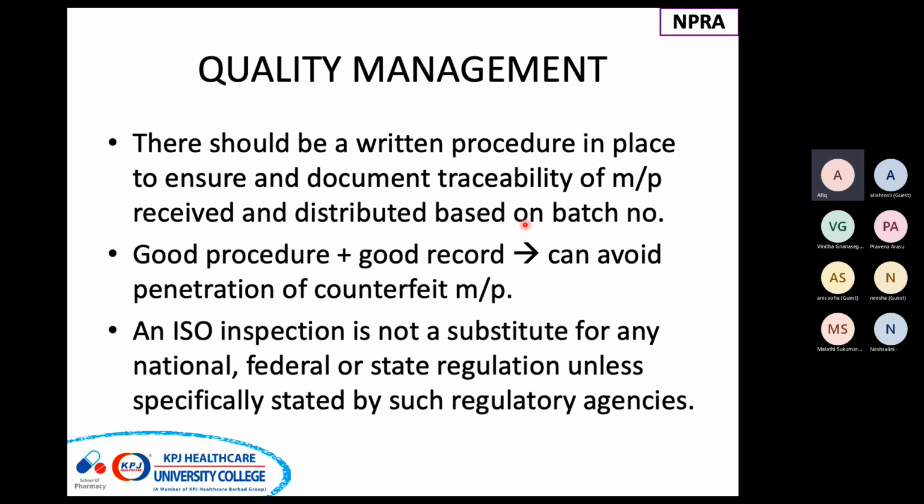Okay, let's say maybe you send 10 boxes of that medication to hospital A, and then maybe another 20 boxes of that to hospital B. So you should know the numbers of product that has been distributed. So good procedure plus good record can avoid penetration of counterfeit material and product. Okay, this is to avoid any copyright infringement from happening.